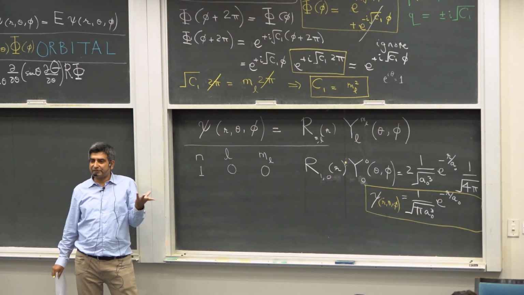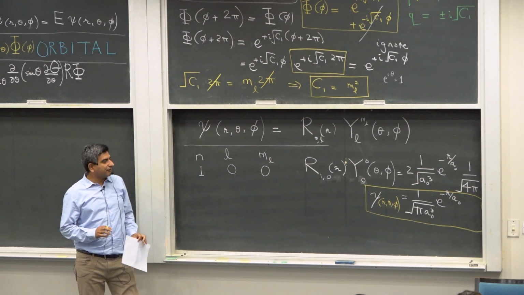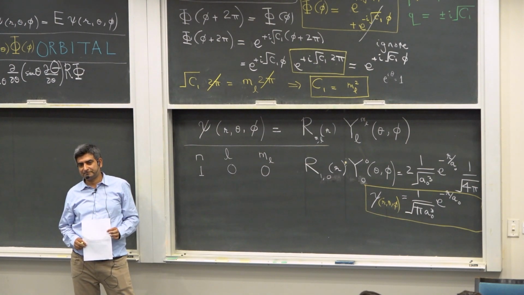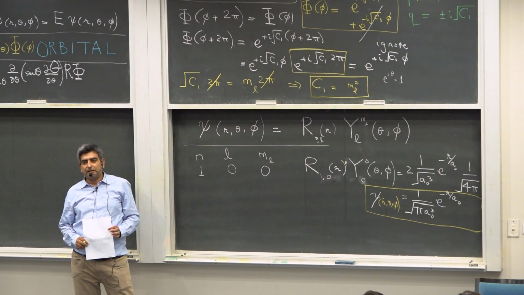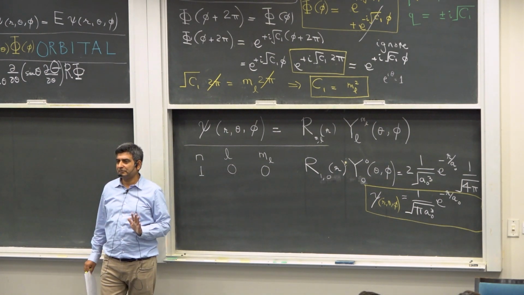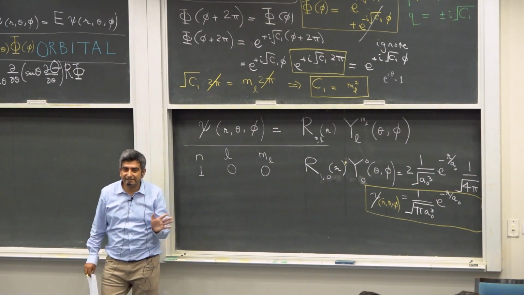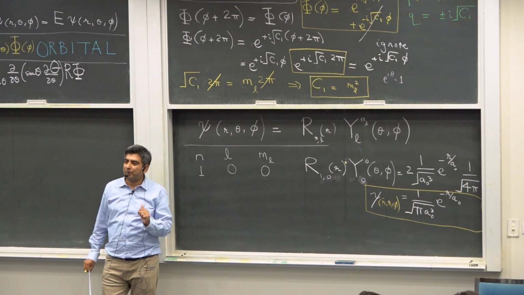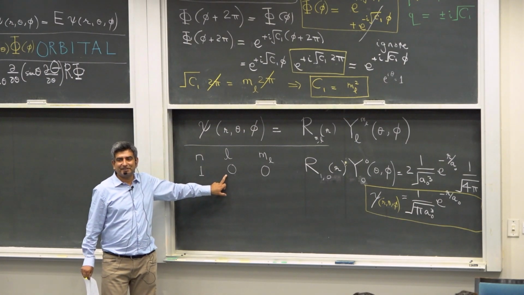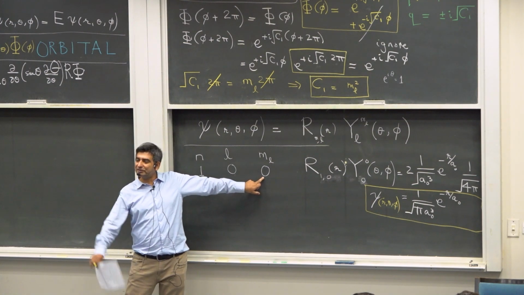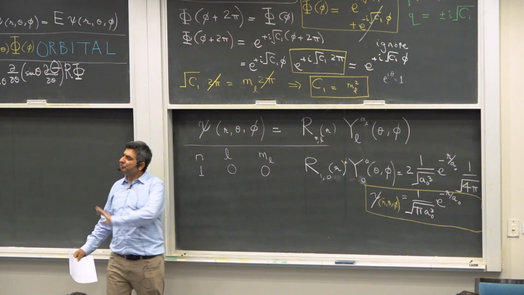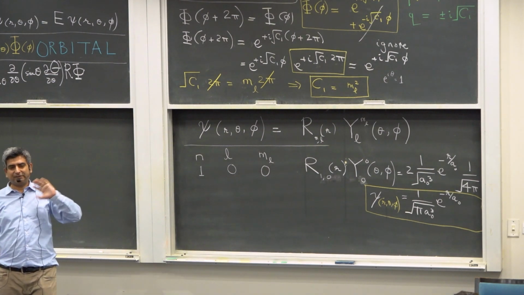Now this wave function, what does it represent? First of all, luckily, I can draw this wave function. Does this wave function have any theta dependence or phi dependence? It doesn't. Whenever L equals 0, ml can only be 0, no matter what the value of n is. And such wave functions do not carry any theta or phi dependence.